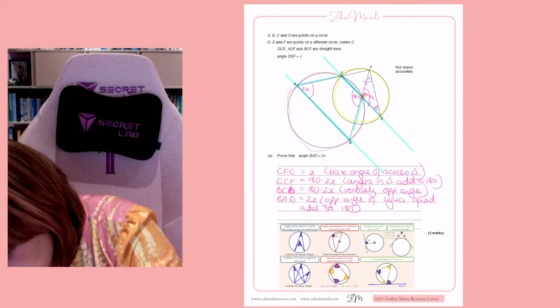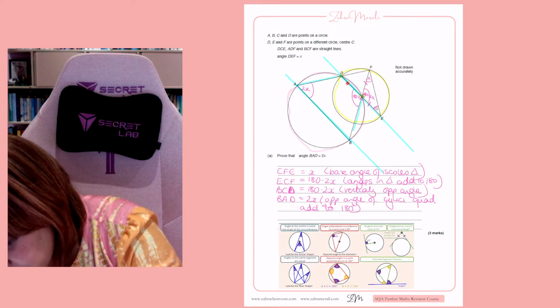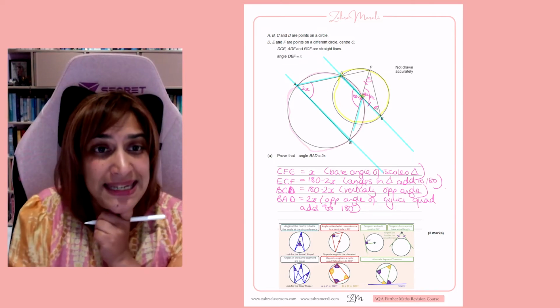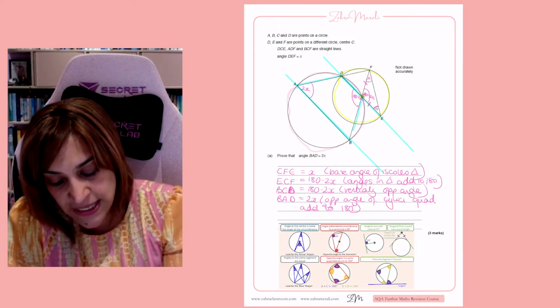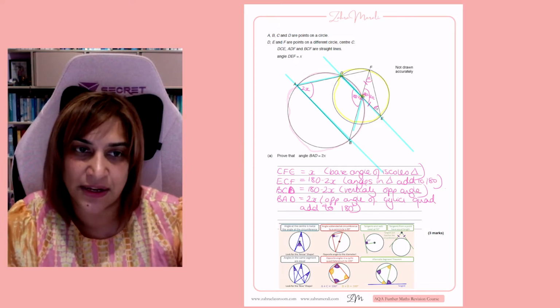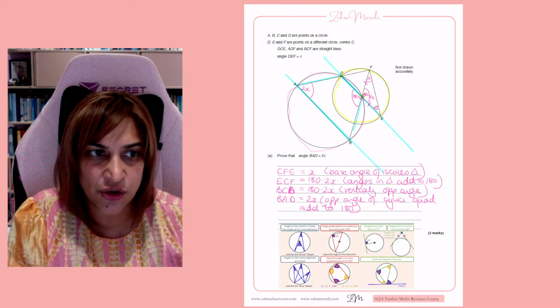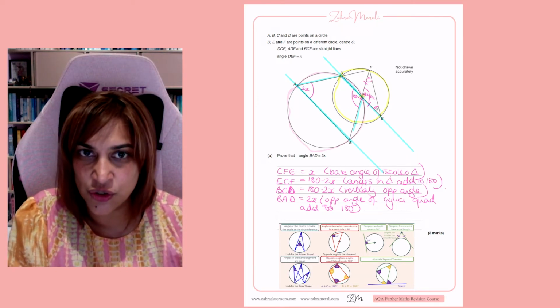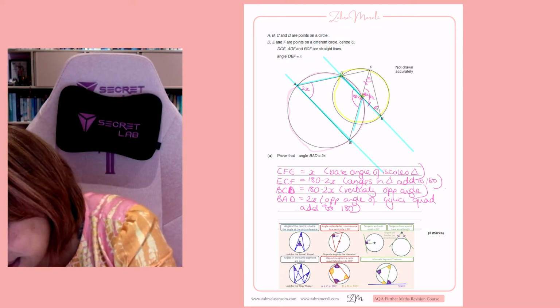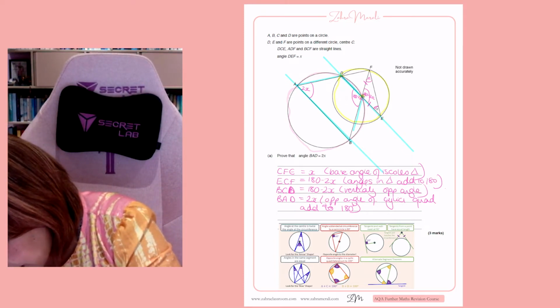So DE goes through the centre and it's this circle here. So we know that DE is a diameter. When we have a diameter and it goes to the edge, we always get a right angle. So now we know that we get a right angle there. So the next thing that we can do is we can now say this is a right angle.